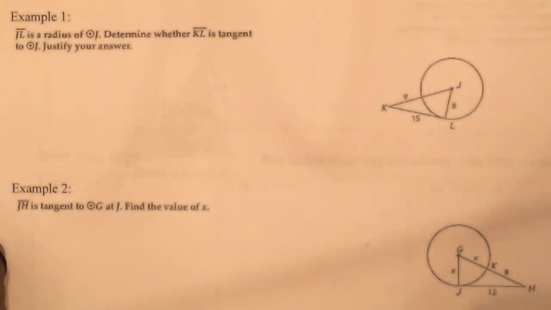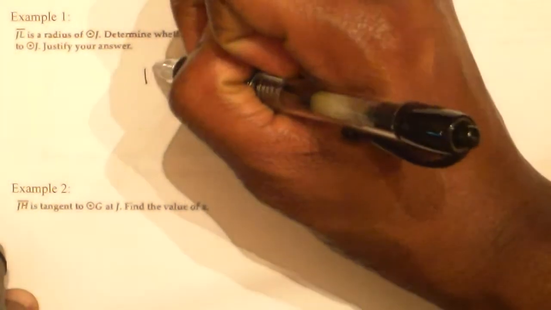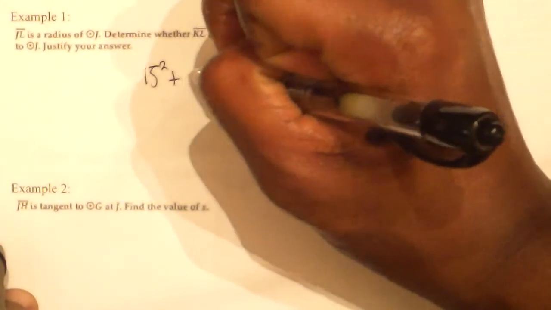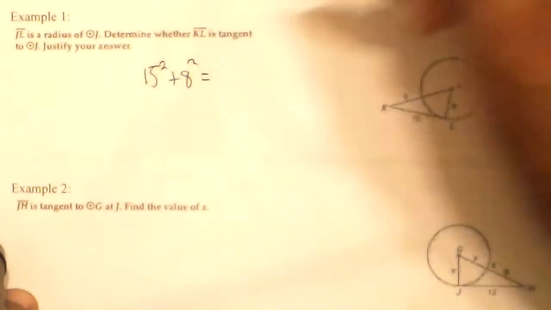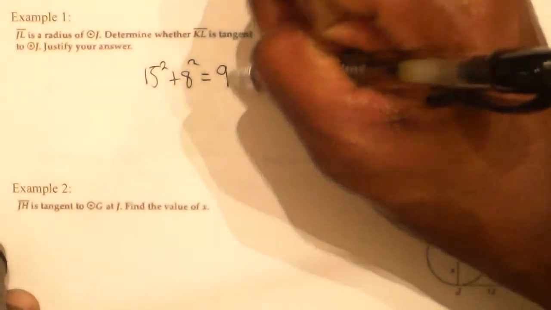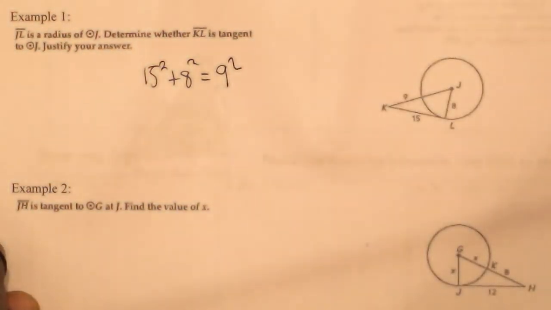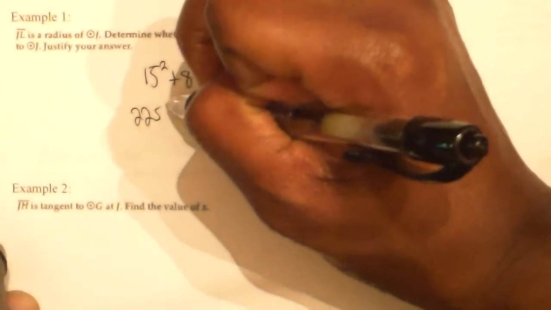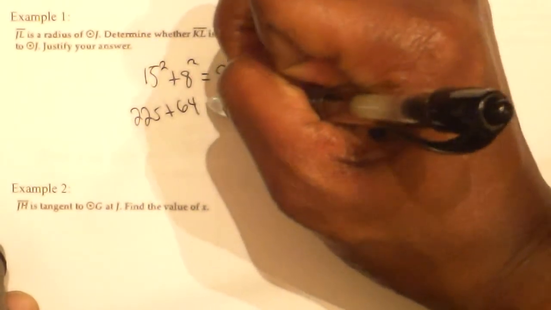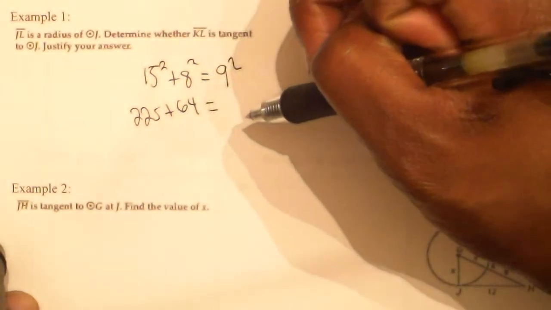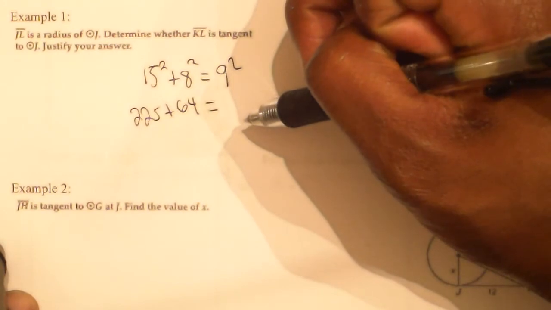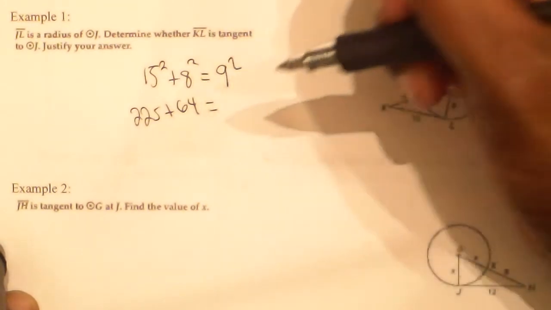So if we do the Pythagorean theorem, we would have 15 squared plus 8 squared is supposed to be equal to 9 squared, right? And 15 squared is 225 plus 64, and oh, you know what?